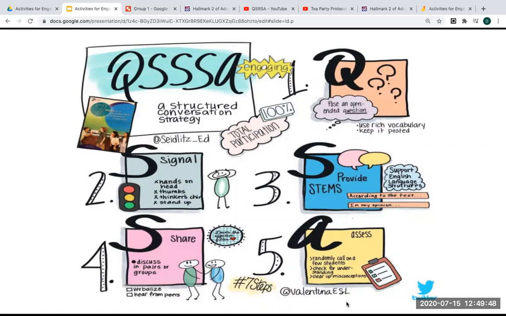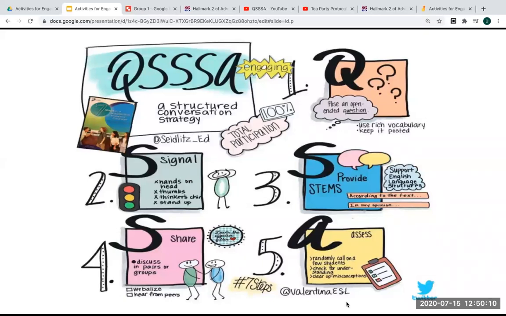Q is where you pose an open-ended question, and this can be used for a pre-reading activity, as an activity while you're reading or in the middle of instruction, or as a post activity. I'll show you some examples in a minute. So the Q is you pose an open-ended question.